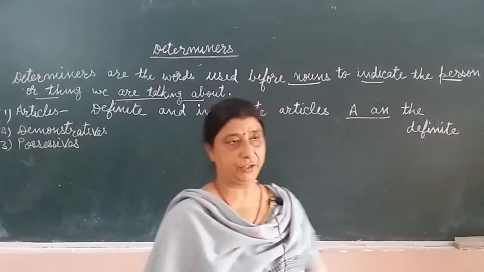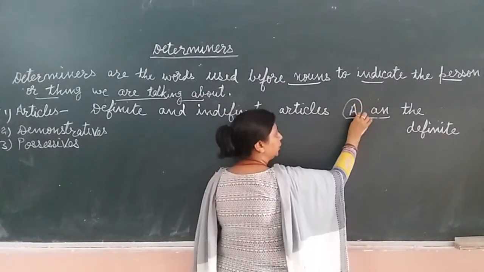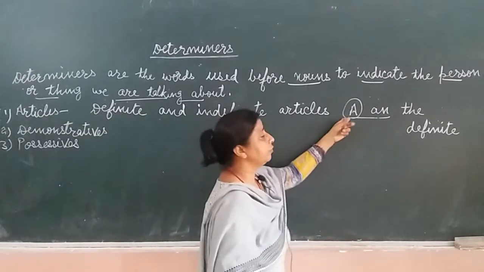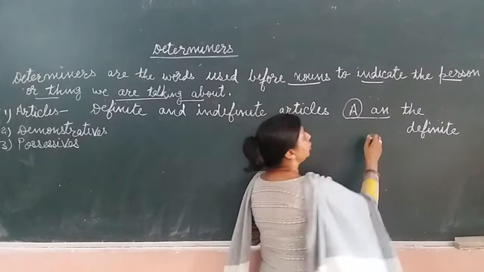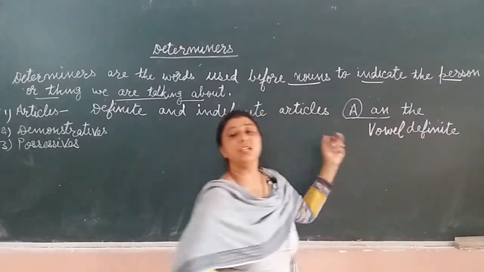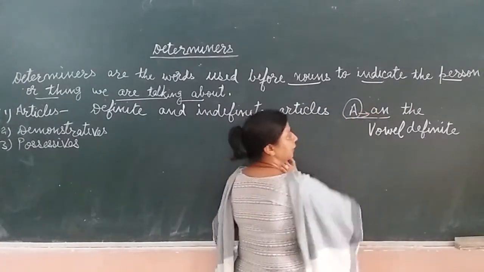A is used with nouns that start with consonant sounds, and an is used with vowel sounds.